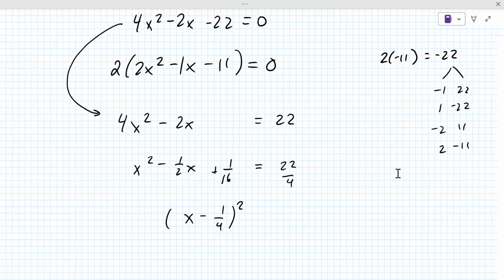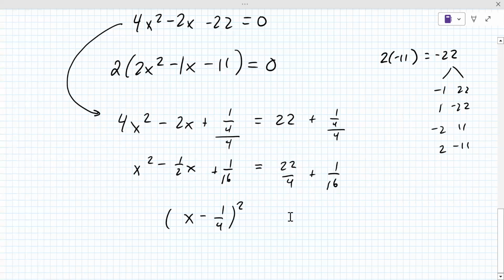This is 1/4 here because you are dividing it by 4, so you do have to do it this way. And then you've got to make a common denominator over here on the right.